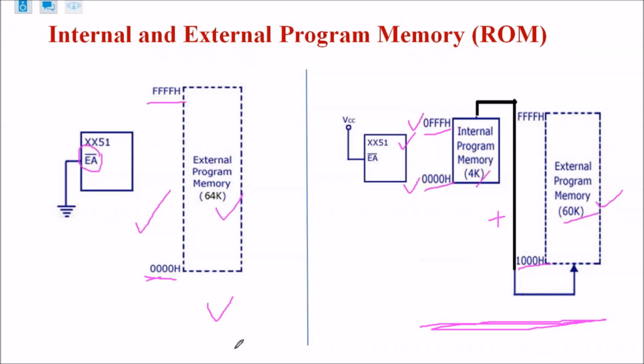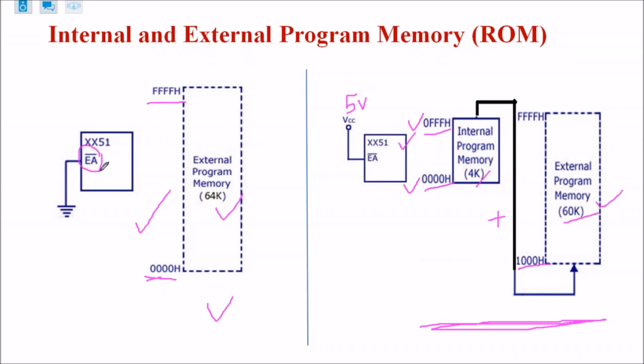In the pin diagram of 8051, we have seen the EA bar terminal, that is the external address enable terminal. The user has to connect the EA bar terminal to ground or to VCC. VCC is plus 5 volts. For programming, it should be greater.